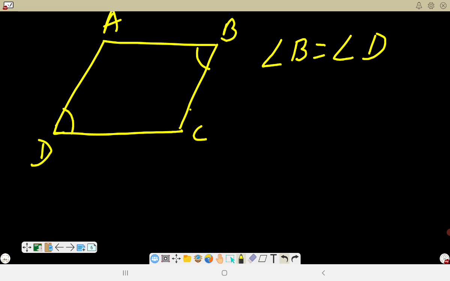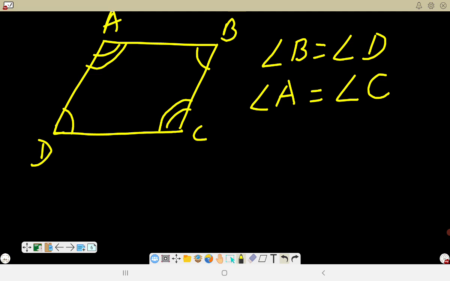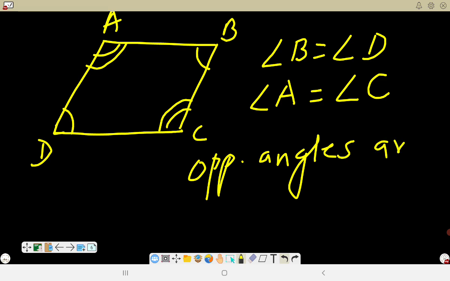Similarly, angle C will be equal to angle A because these are also opposite. So we can write: opposite angles of a parallelogram are equal. Got it? This was our third property.